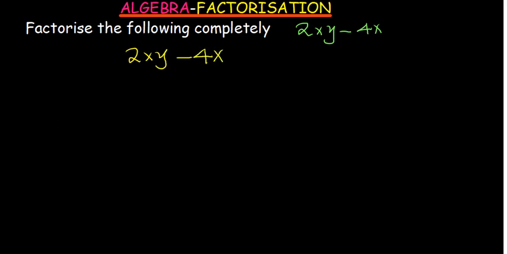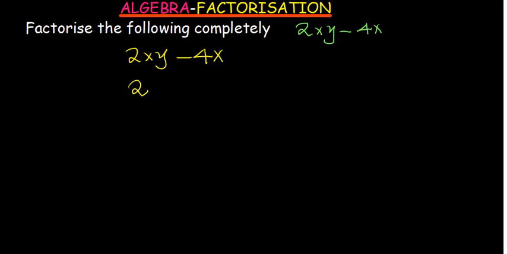Okay, so we're going to look for what is common between these. So what can you see? What is common between 2xy and negative 4x? What can we factorize out? Okay, 2. So you can see there is an x here, there is also an x here.